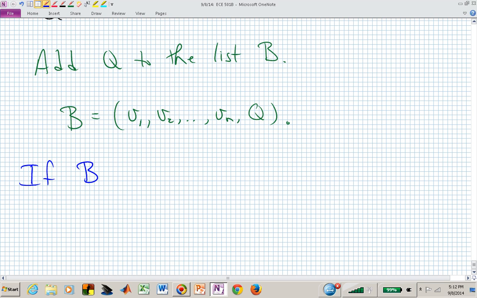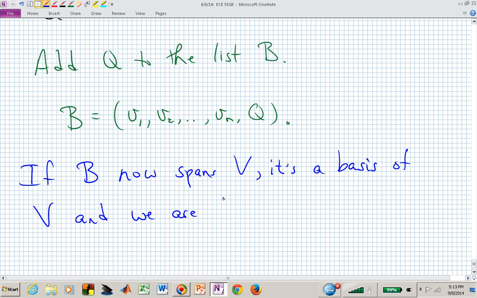If this new B now spans V, we now have a basis. It's a basis of V, and we are done.